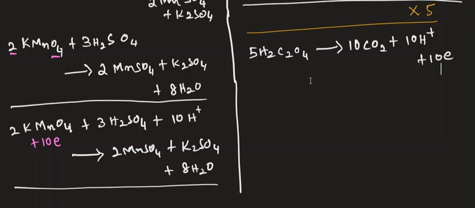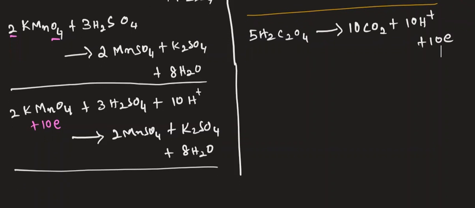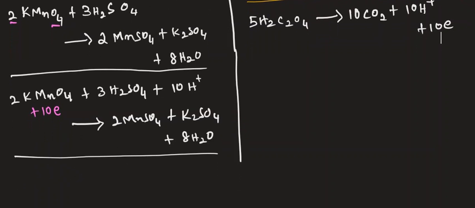Right. Now let us add these two. Let me call this equation 1, that is the reduction reaction, that is the cathodic reaction, and this is the anodic reaction. We have to combine this. So let us add equation 1 and 2.